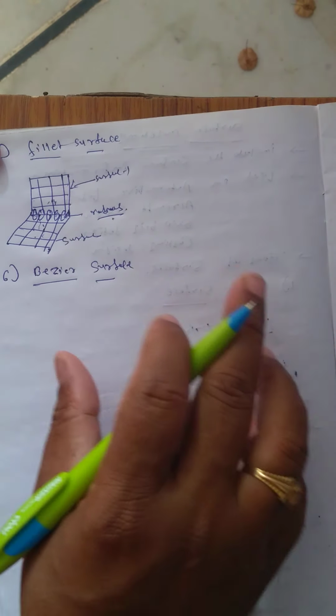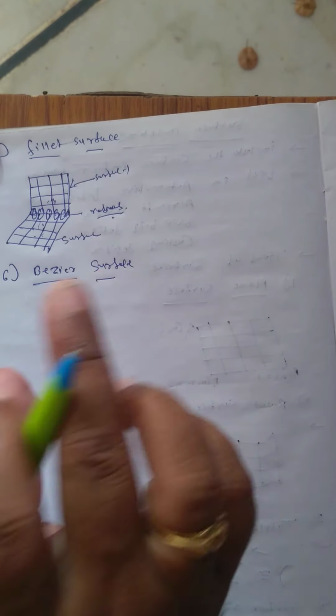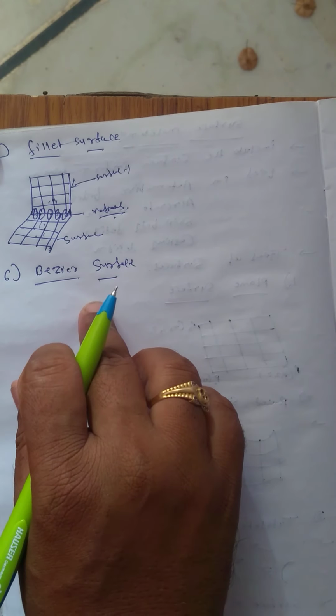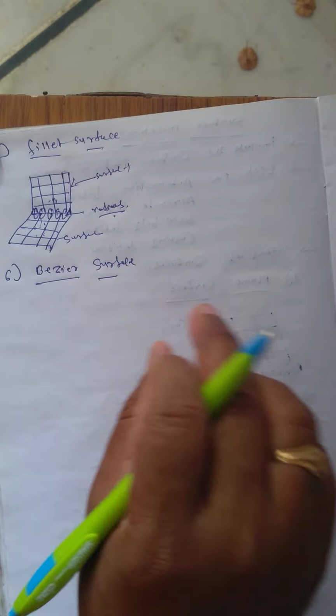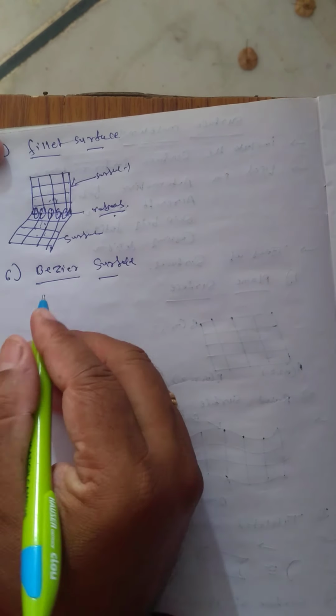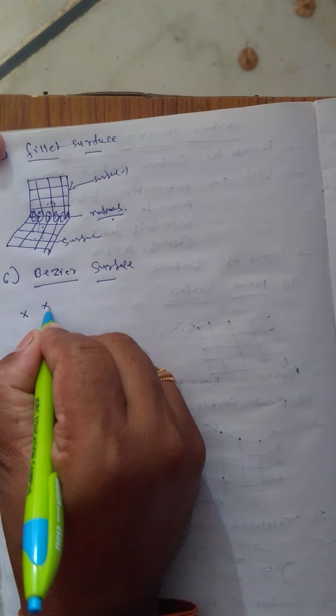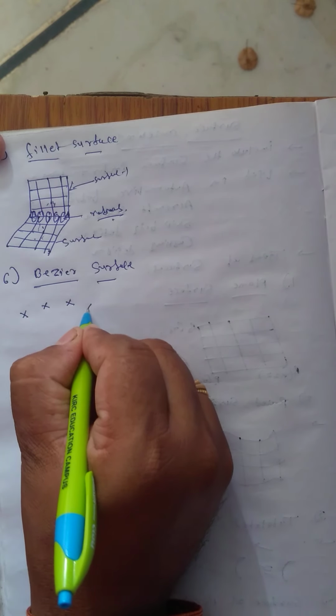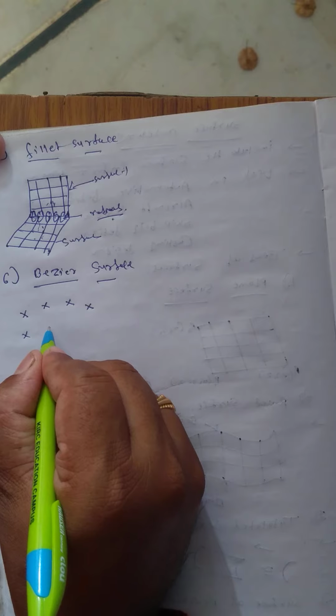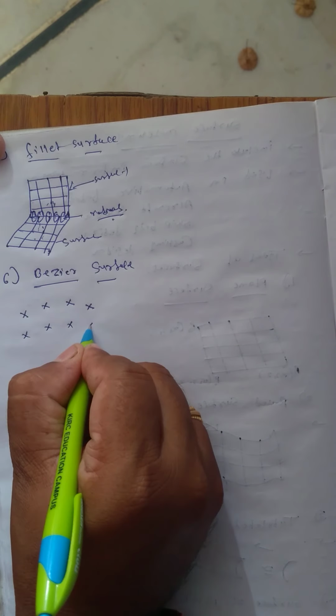Suppose you consider there is one data point here, this is the data point of the curve.